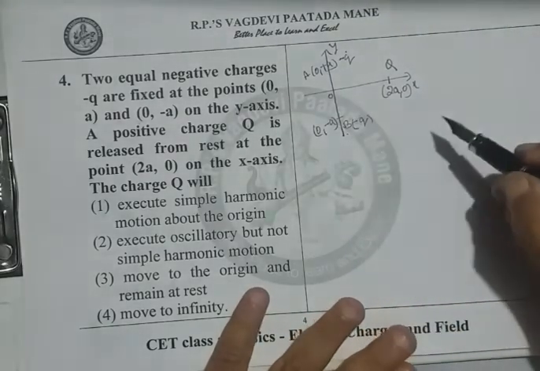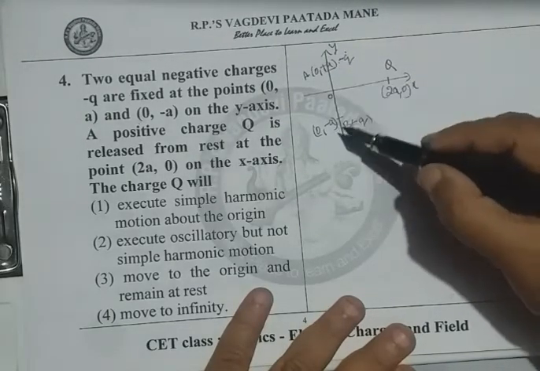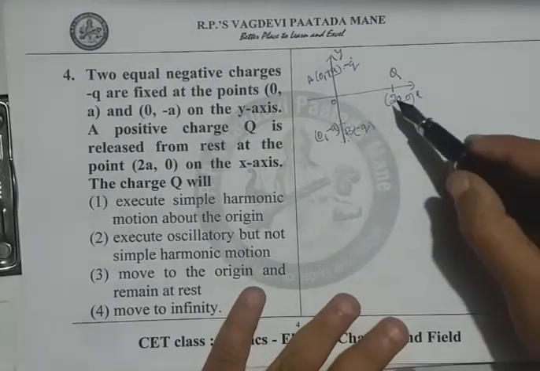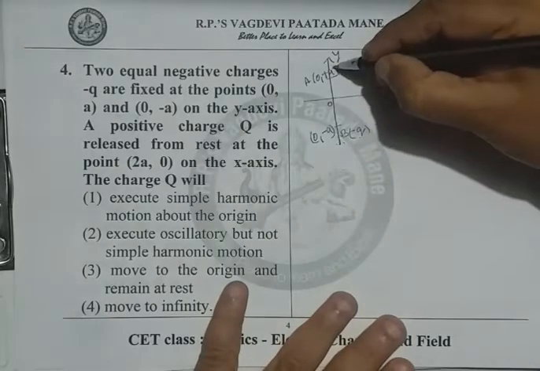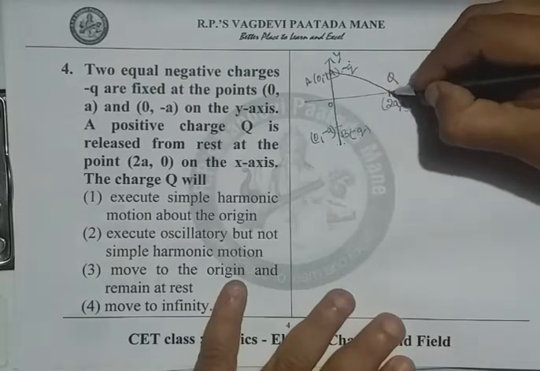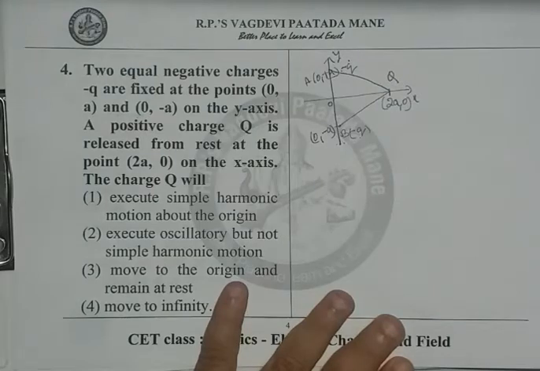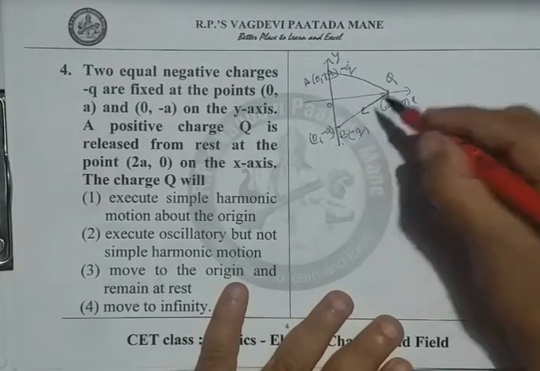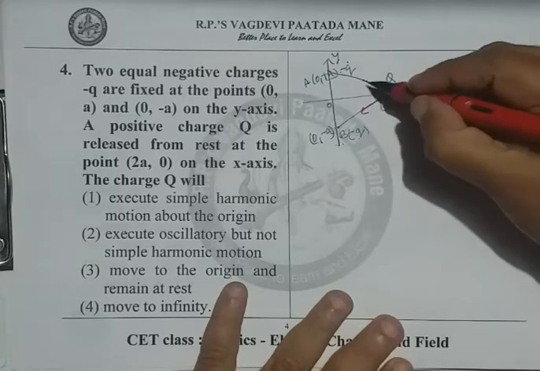Now looking at this configuration, charge at A, minus Q, and charge at B, minus Q, both of them will attract the charge. They attract the charge along the lines joining them. We write the lines like this. So they act force on capital Q in these directions, as the force is attractive.